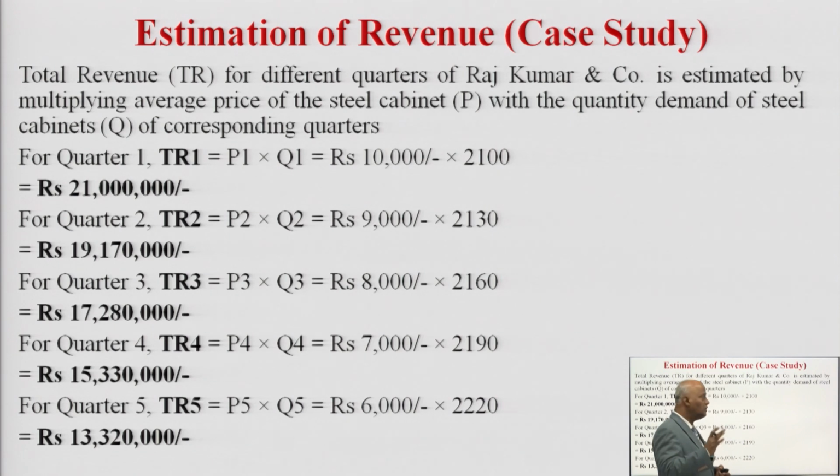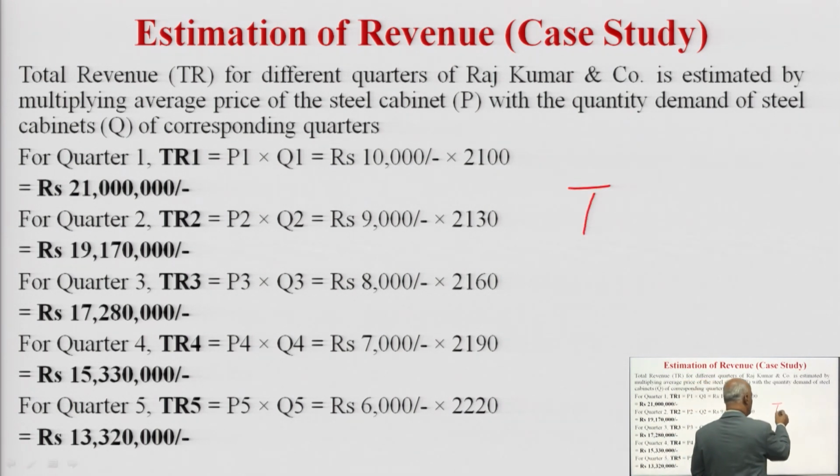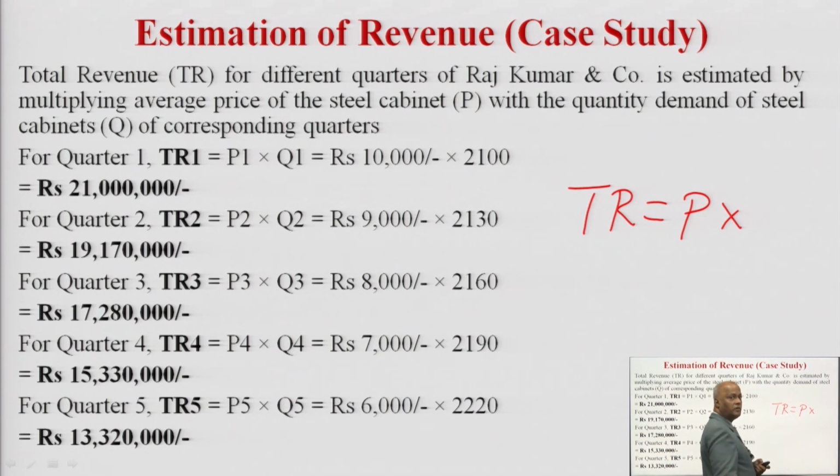Now, in order to get the total revenue figure, what we need to do is this: total revenue is nothing but price of the product multiplied by, this x sign stands for multiplication, price multiplied by quantity sold, and this quantity sold is nothing but the quantity demanded.